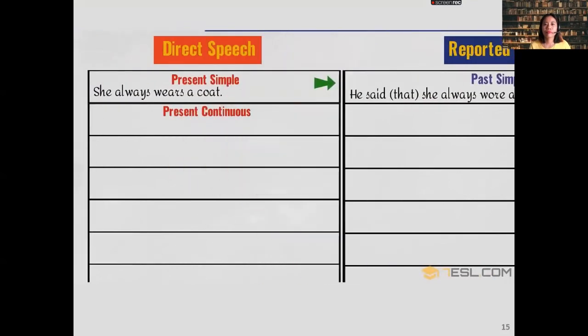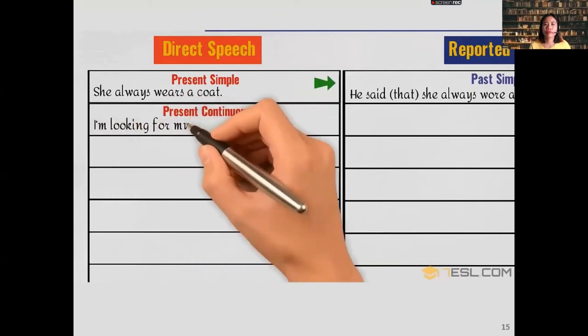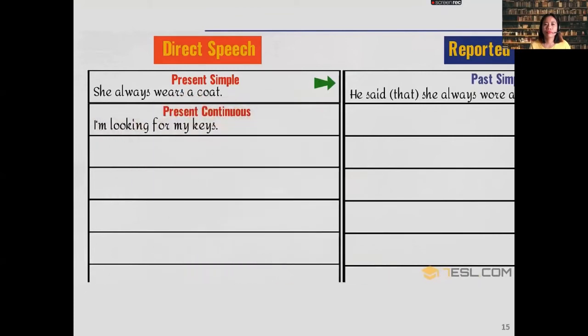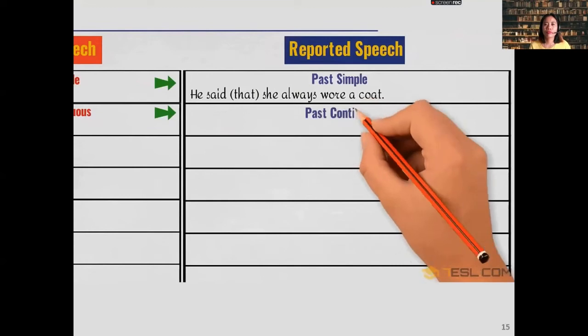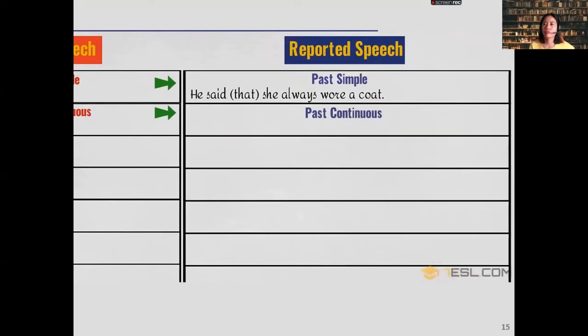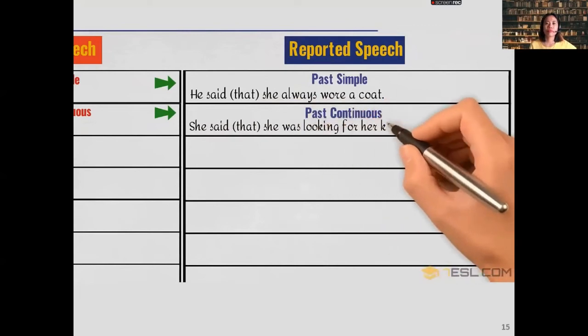Present continuous. I'm looking for my keys. Past continuous. She said that she was looking for her keys.